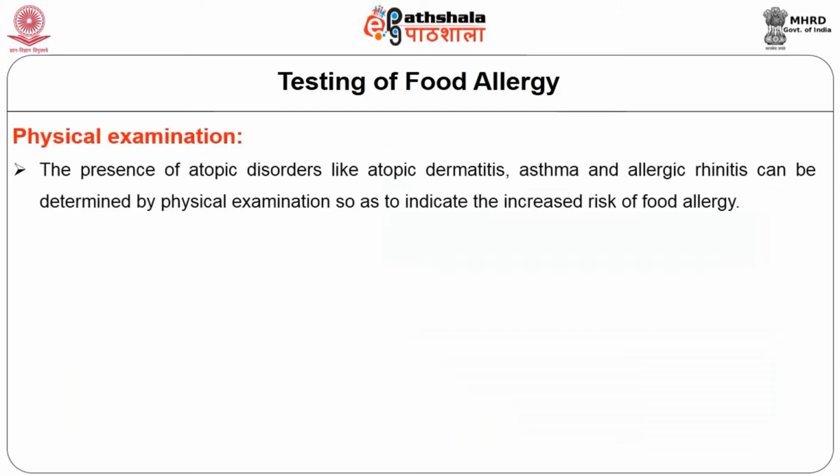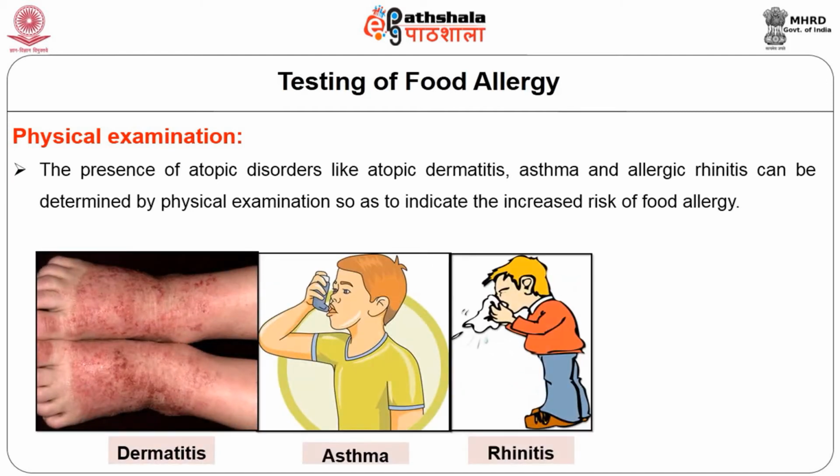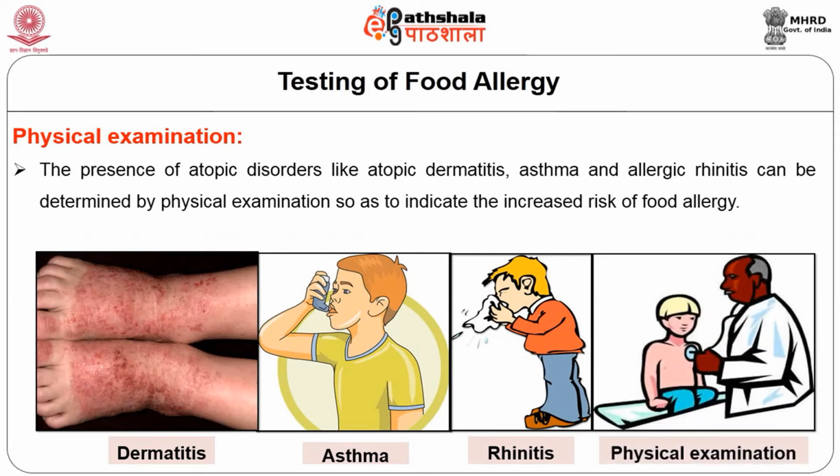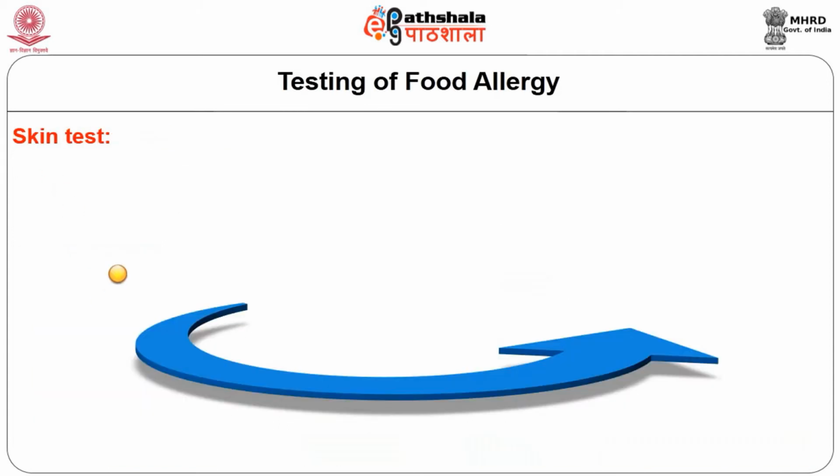The presence of atopic disorders like atopic dermatitis, asthma and allergic rhinitis can be determined by physical examination so as to indicate the increased risk of food allergy. This also helps to identify the alternative treatment to be taken to prevent the food allergy.